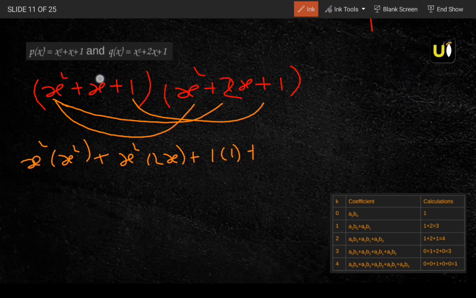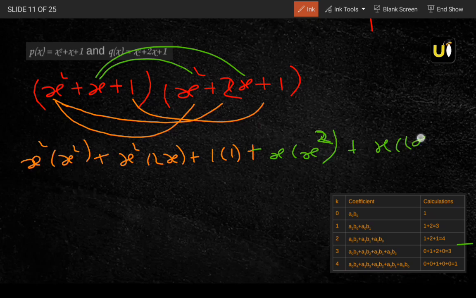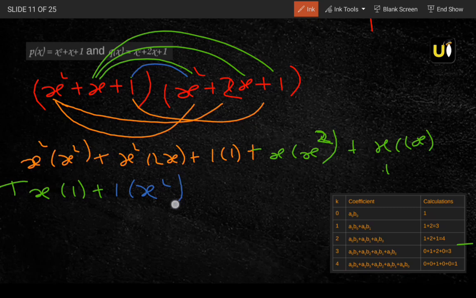Next, x into x square, next, x into 2x plus x into 1. Next, 1 into x square plus 1 into 2x plus 1 into 1. Okay, this is how we multiply.